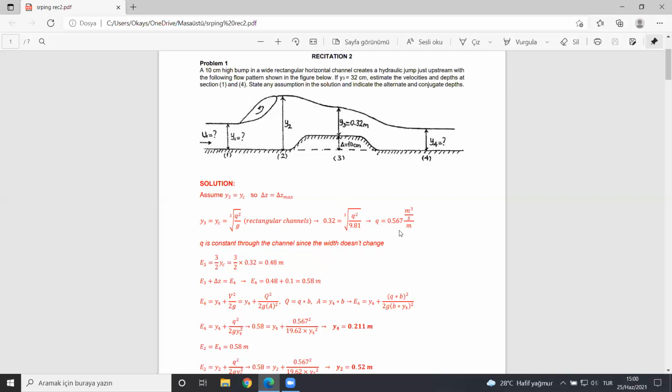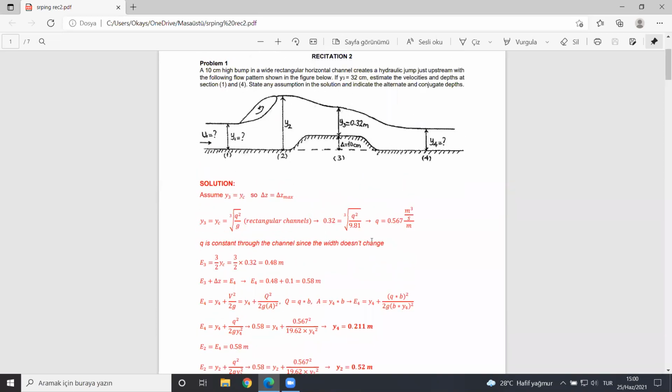From this equation, small q comes to 0.567 cubic meters per second per meter. Since the channel width is constant through all the sections, this small q will stay constant as well. It won't change.